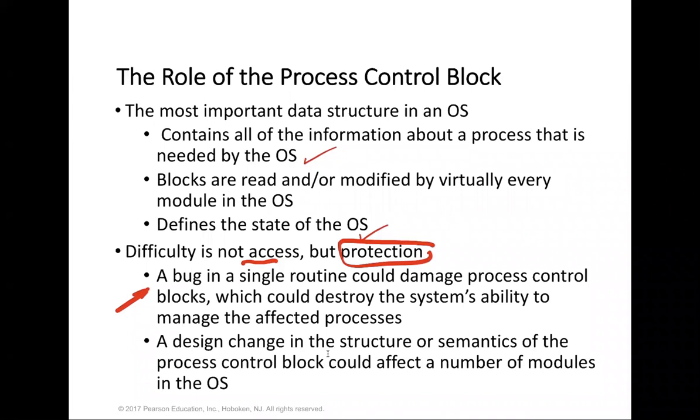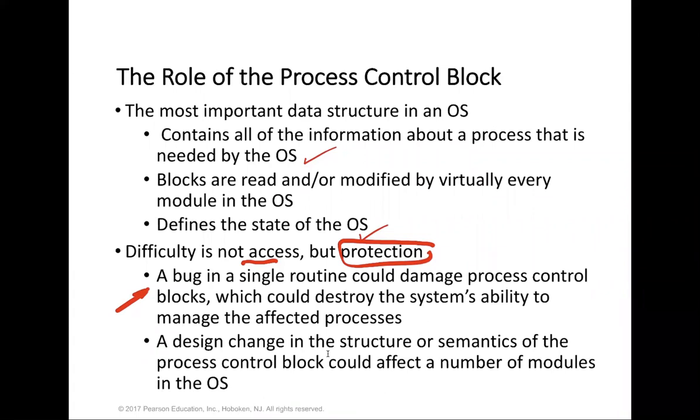That's a big challenge in designing an operating system because the process control block is the mandatory piece of information that has all the information about the process. It's easy to access, but if a bug in a certain routine damages the process control block, how would the system retrieve such an image again? That's a great challenge in designing a well-performing processor management system.